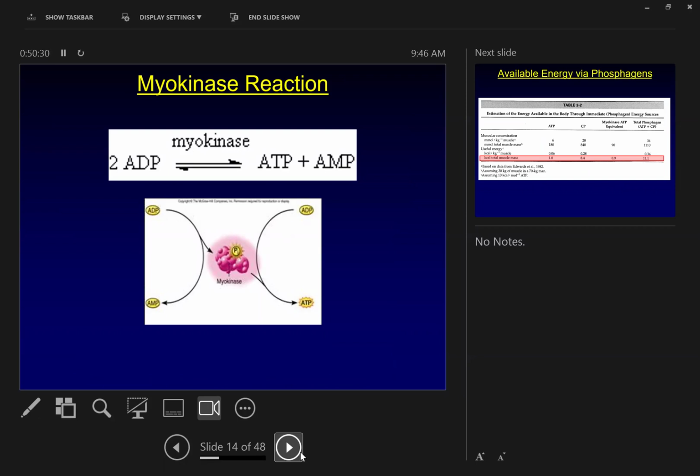As ADP levels in the fiber rise because we're increasing or maintaining force production, you get a different biochemical reaction where two ADP molecules bump into the myokinase enzyme, and you pull a phosphate off of one ADP and put it onto the other one. You make an ATP molecule, and then you have what's called an AMP, adenosine monophosphate, so it only has one phosphate left.